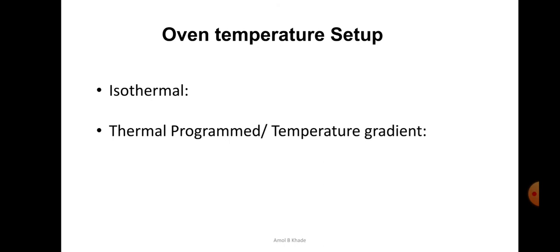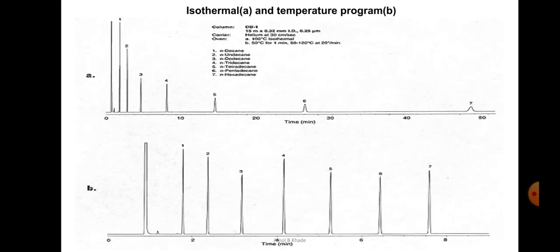elution. Now what is this isothermal? In isothermal, we maintain the temperature of the column the same throughout the experiment. So the concept is the same as that of isocratic and gradient. In isocratic elution of LC, we maintain the composition of the solvent system the same throughout the experiment.